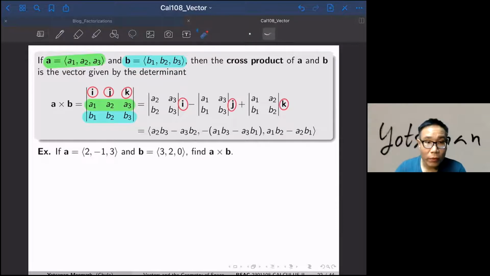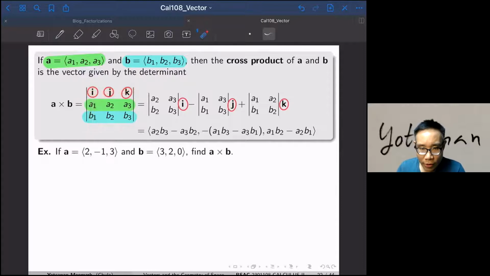The term that you multiply with i: you cut the row involving i and the column involving i, like this. You see that what you have left is A2, A3, B2, and B3.